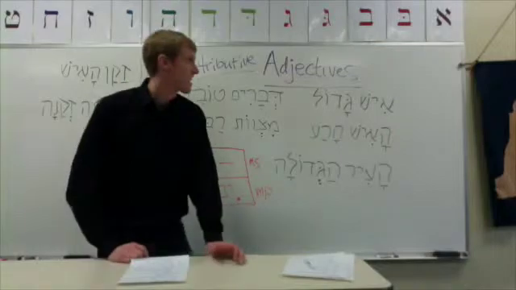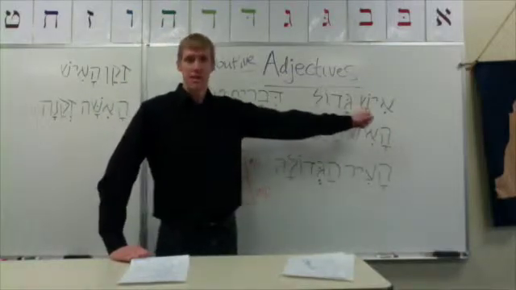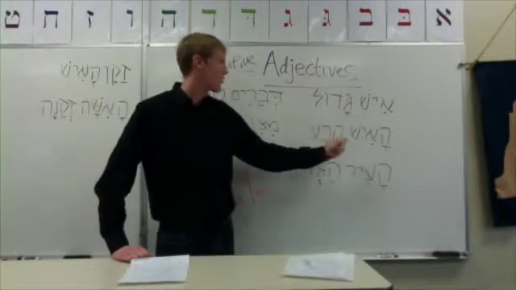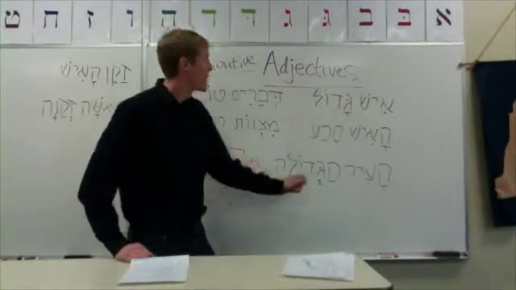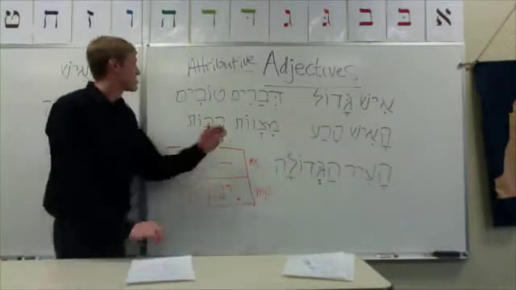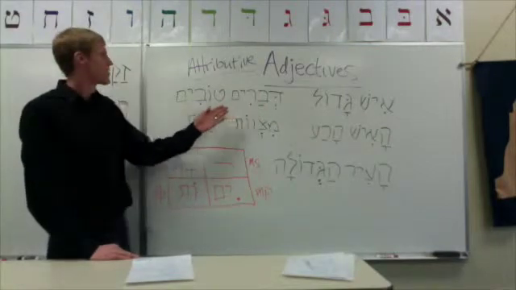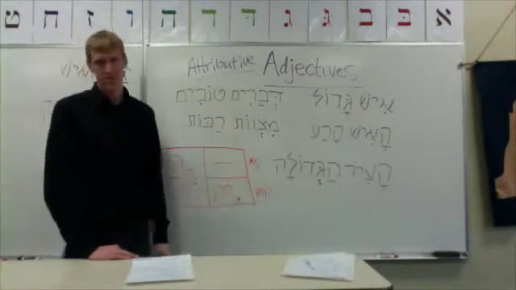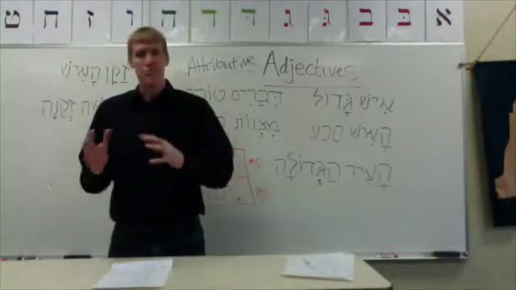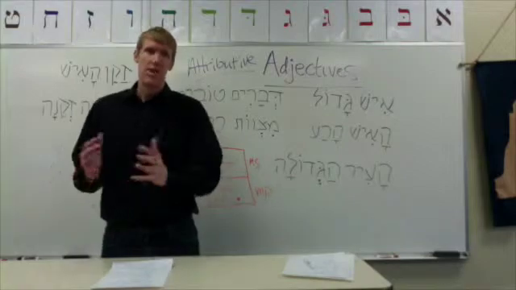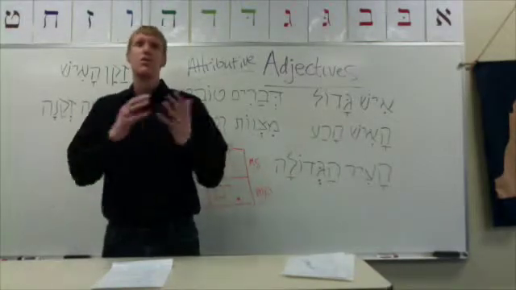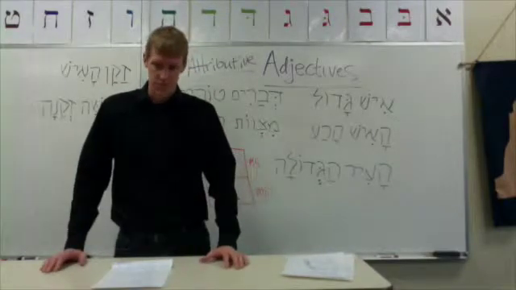So in English, you would say a great man, not a man great, as it says in Hebrew. A great man, or the evil man, or the great city, or the big city. Or you would say good words, or many commandments. So that's just something to keep in mind. It's just reversed, really: after, generally, in Hebrew, but before in English.